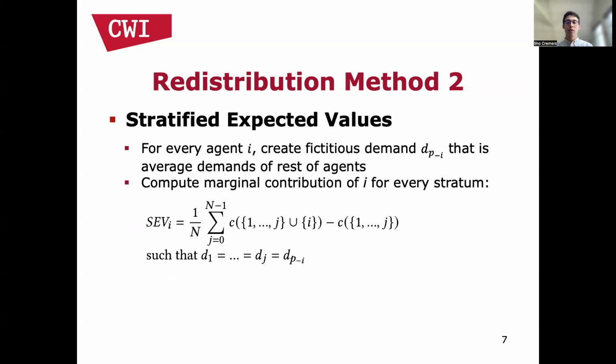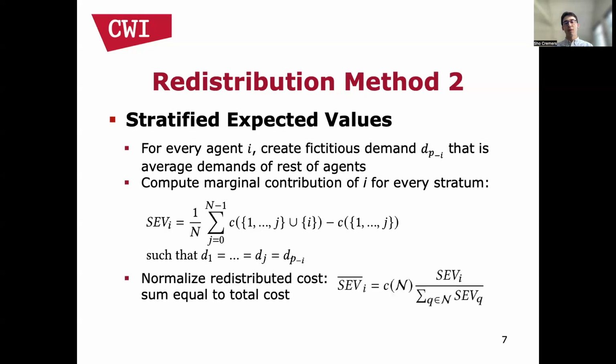The previous method only looked at the last stratum, but this method aims to approximate the expected marginal contribution for every stratum. So that's why we believe this method would approximate the Shapley value better, and we name it stratified expected values. We also need to normalize the redistributed cost to make sure the sum is the total cost of the community.